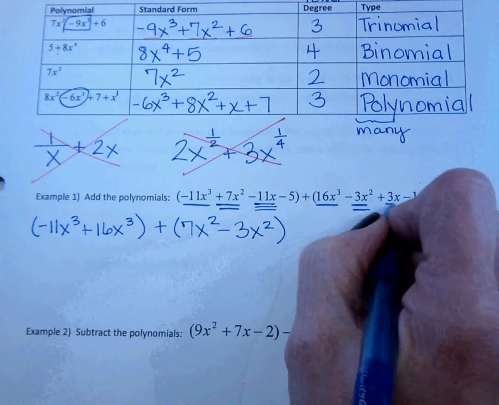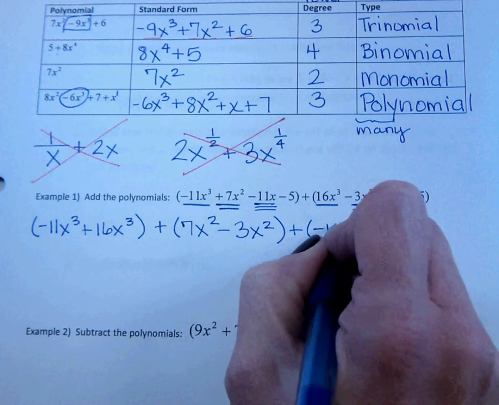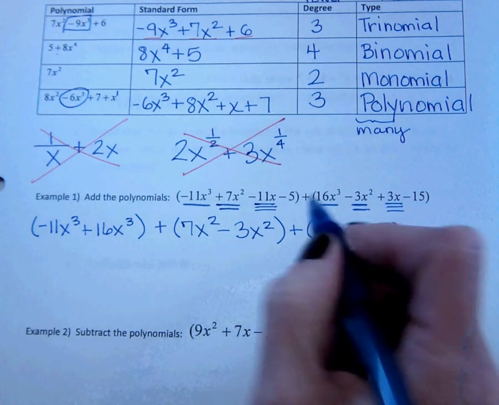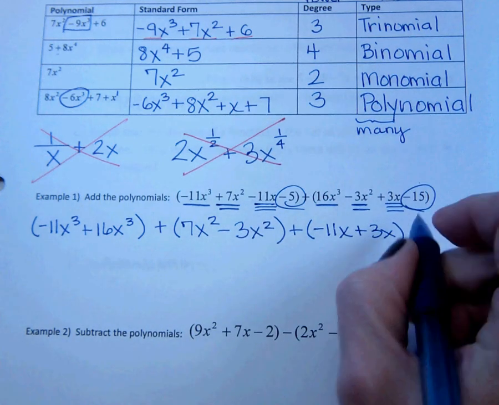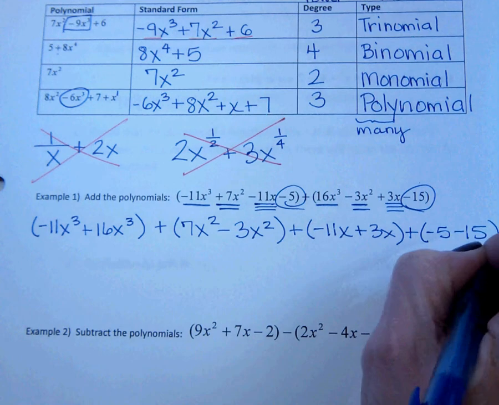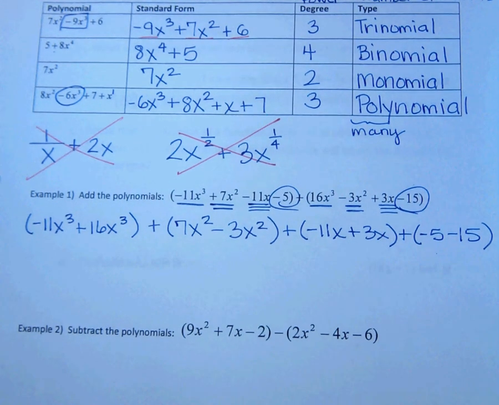Everything with x to the power of 1, so that's a negative 11x plus 3x. And then the constants, so that would be a negative 5 minus 15. So I combine my like terms and that will give me my final answer.